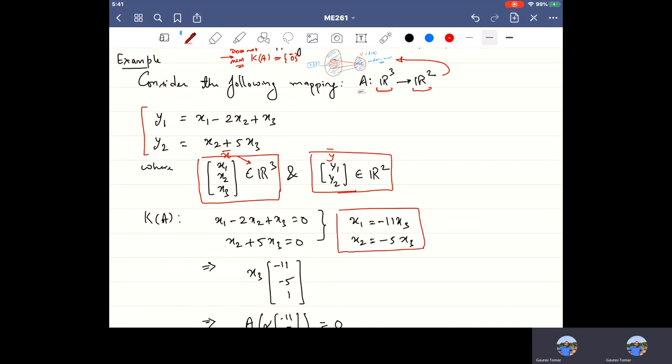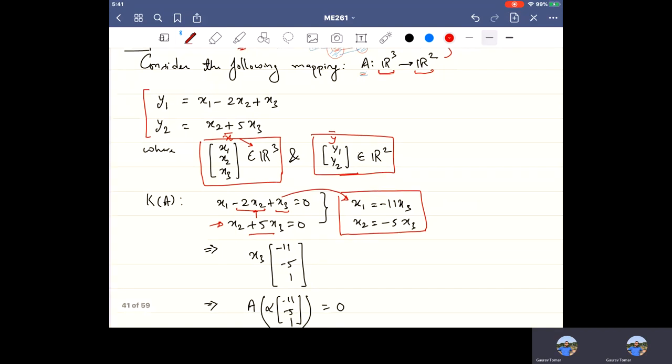Here x1 has to be equal to minus 11 x3 and x2 is minus 5 times x3. You can get x2 in terms of x3 directly from here, and when you substitute it here, you get 10 times x3 plus x3, 11 times x3. That gives you x1 as minus 11 times x3.